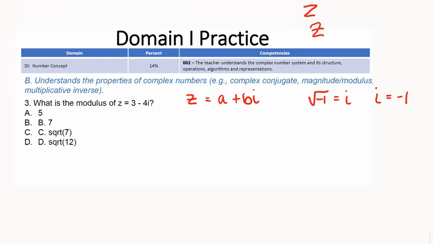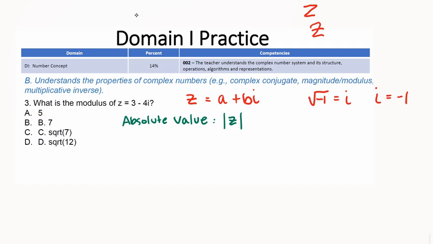So now the question is, what is the modulus of z = 3 minus 4i? So let's do it here. We call this the absolute value formula. If you remember absolute value, it's like this.